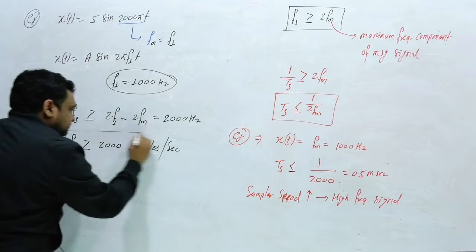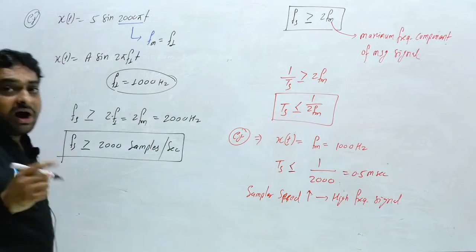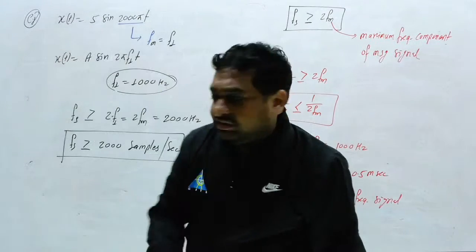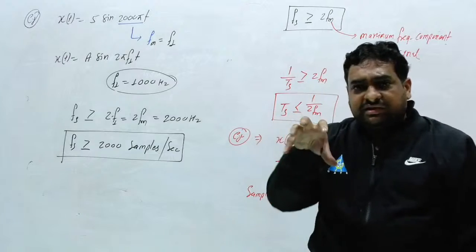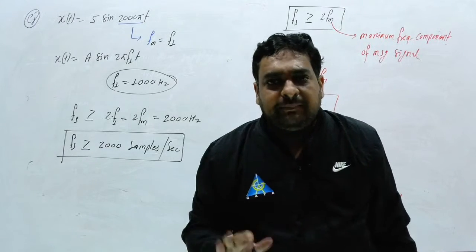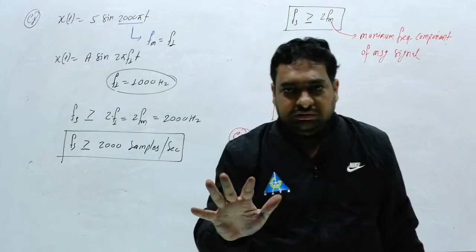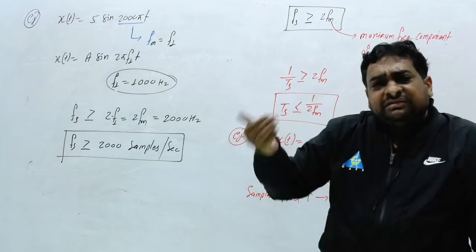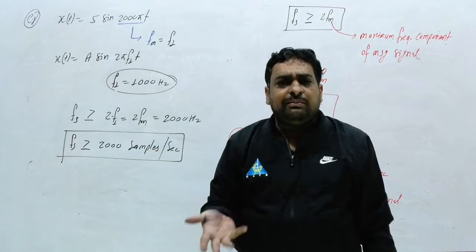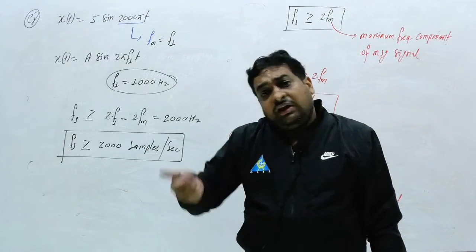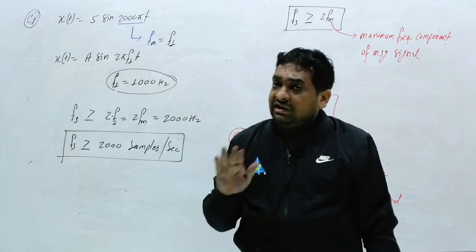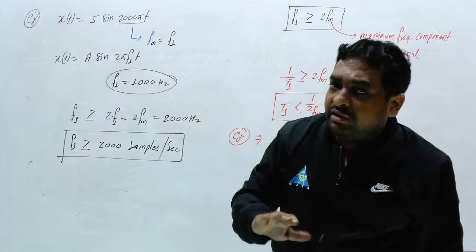This is the answer. If you want to recover this signal perfectly, at least 2000 samples per second are required. If you consider 3000, 4000, 5000 samples, that is good, not bad. But if the signal is going to be recovered anyway, why take more samples? If you consider fewer samples, the signal definitely will not be recovered.